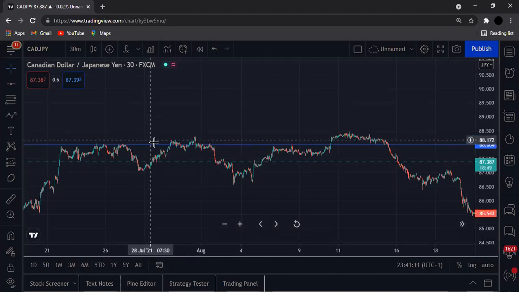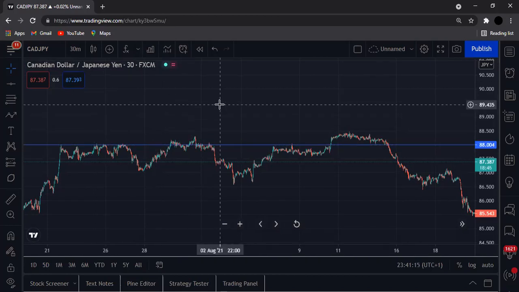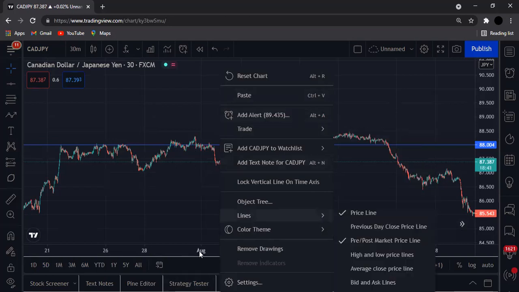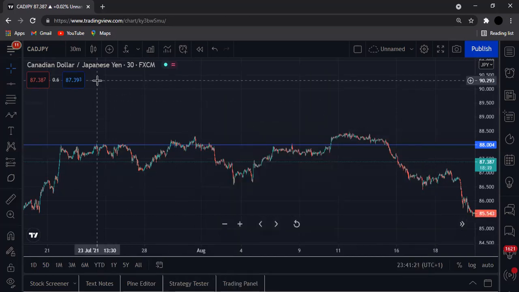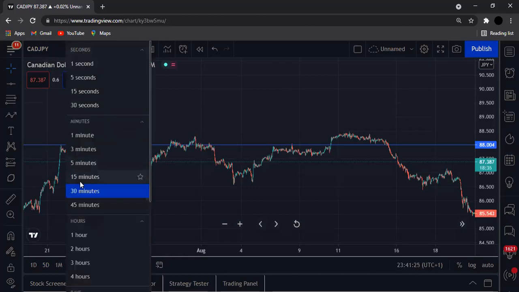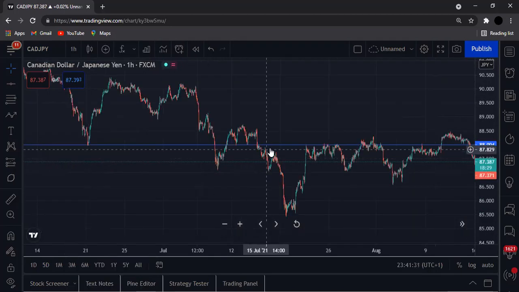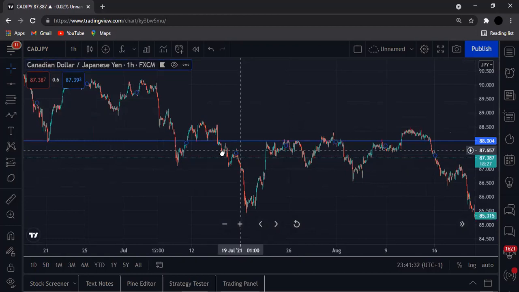Ideally this is a 30 minutes chart, so I don't know why it's contradicting. There's one right above the Canadian dollar. Yeah, this is for 30 minutes. So we can take this to 1 hour. I was asking, isn't that where you change it from?